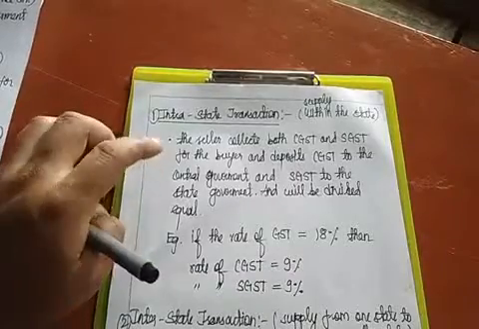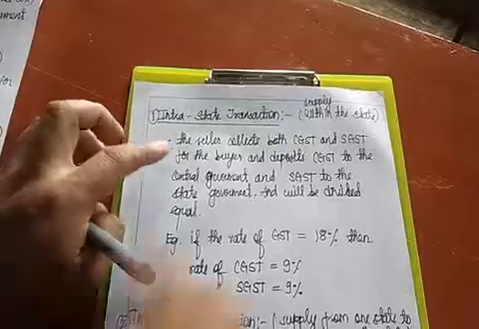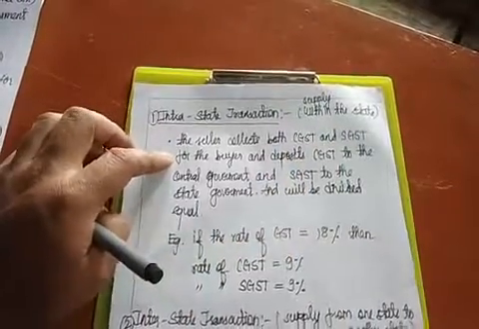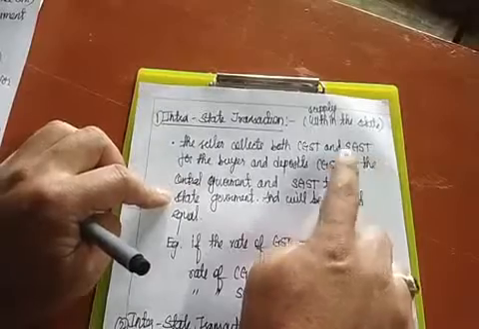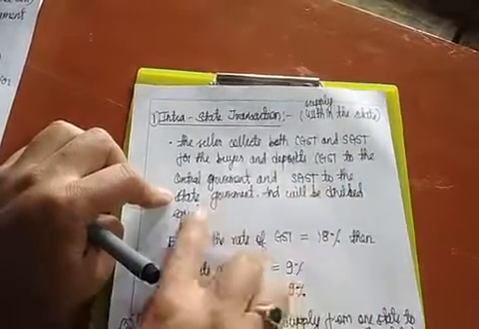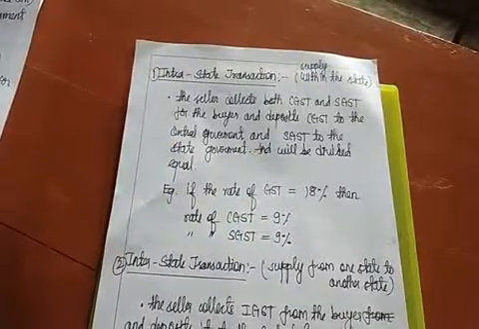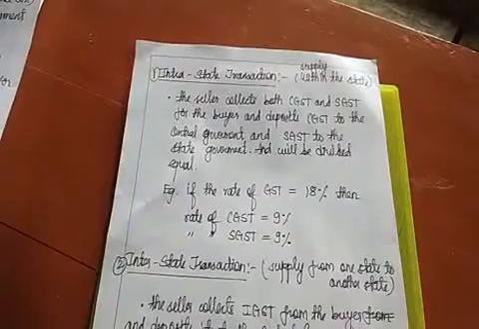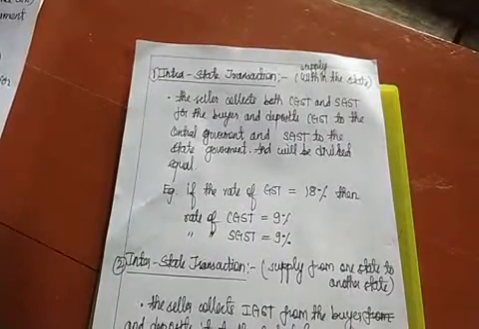In an intrastate transaction, it is a case within the state. The seller, who is selling the goods, will collect both CGST and SGST, and then deposit CGST to the central government and SGST to the state government, which means the amount of tax collected will be divided between the central and state governments.